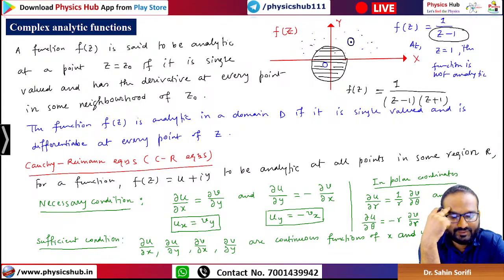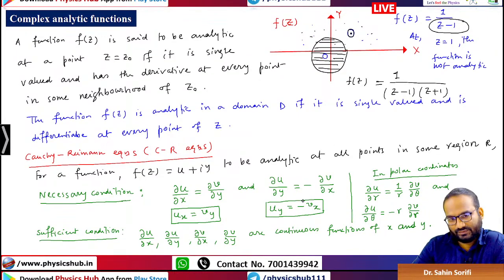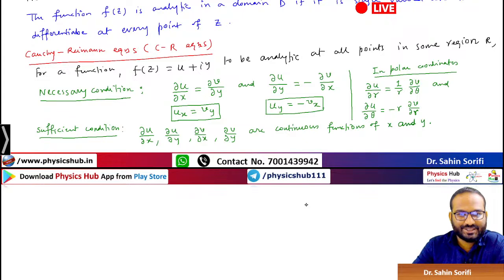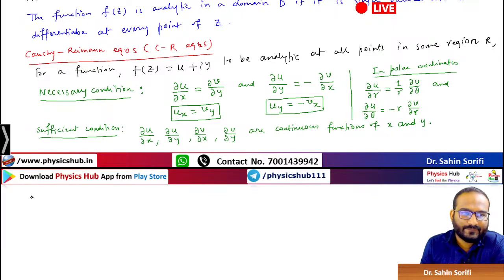Now let me give you a trick. Using that trick, you will be able to figure out whether the function is analytic or not very quickly. A special trick to identify whether the function is analytic or not.